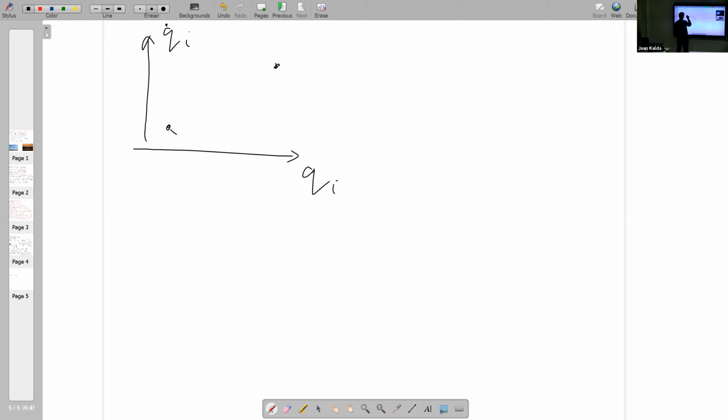And then the true trajectory is the trajectory which has minimal action, the principle of least action.